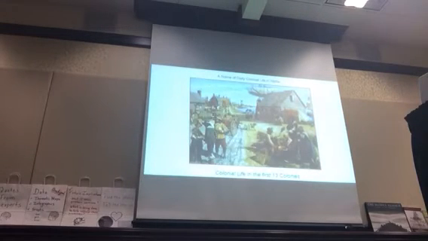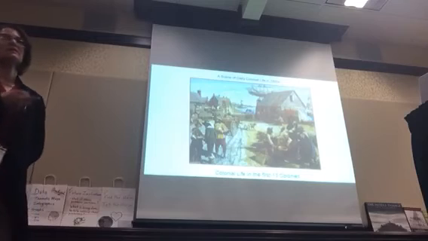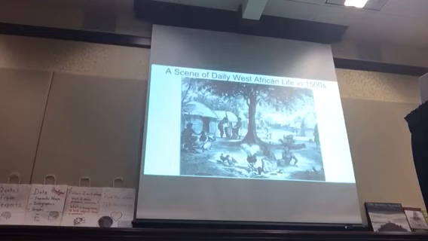See, think, wonder. Because I teach slavery, I talk to the kids about what life was like in the colonies, and I have them see and think and wonder about this picture. And then we go to West Africa, and I have them do the same.